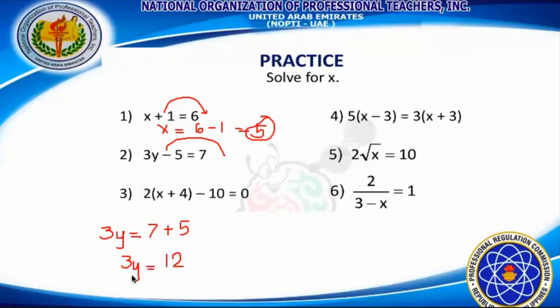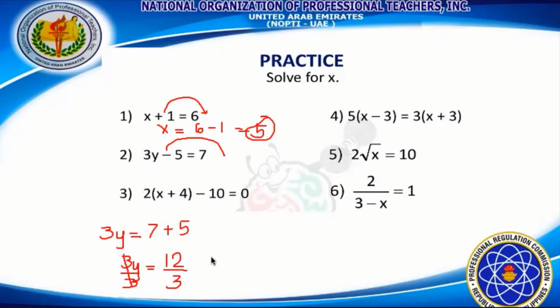Pero, si y na hinahanap natin, mayroon pa siyang kasamang 3. So, kailangan tanggalin natin yung 3. So, pag ganyan nakakabit siya, divide both equation by kung ano yung kakabit niya para matanggal. Okay? So, para makancel mo yung dalawang 3.